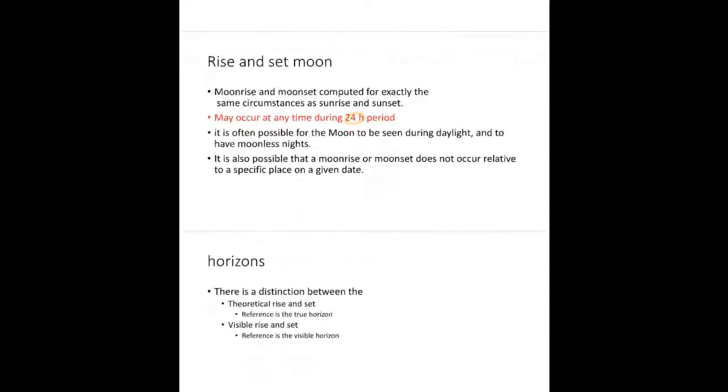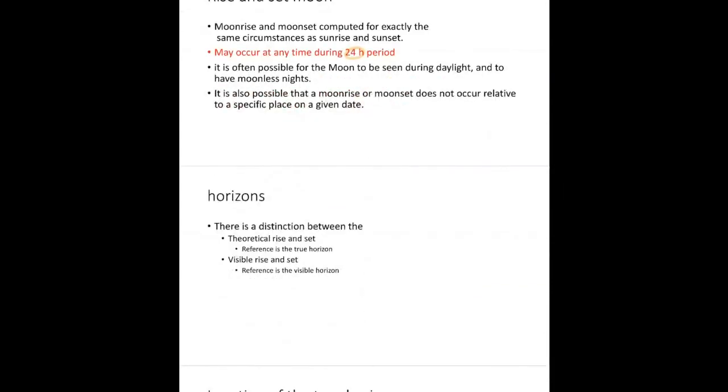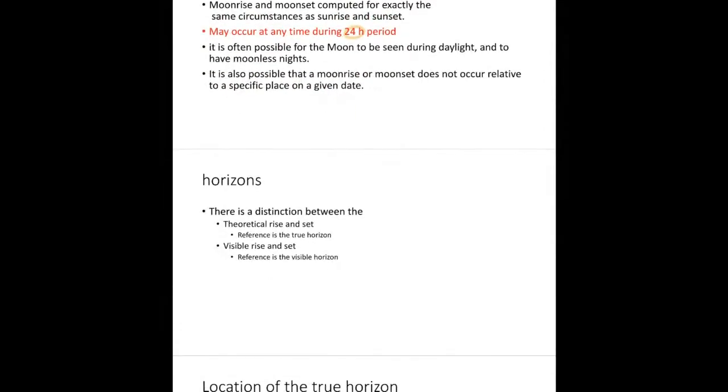Okay, voila. Now, when we talk about horizons, we know there is a distinction between the theoretical horizon and the visible horizon. Okay, the true horizon is used for calculating the theoretical sunrise, and the visible horizon is used for determining visible rise and set.